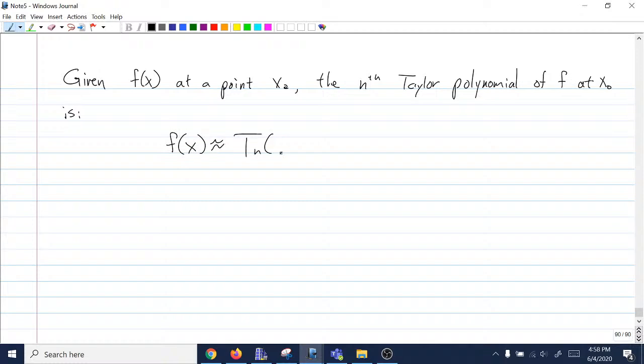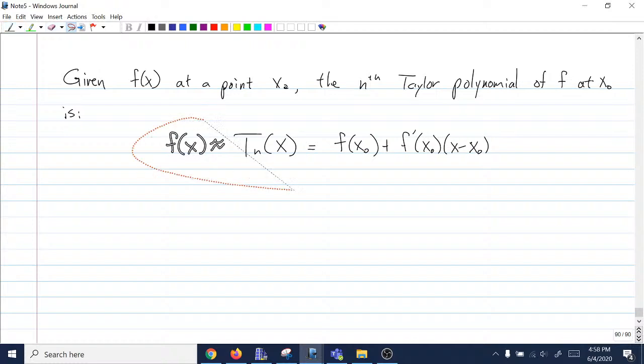The name we give to it is nth Taylor polynomial of x is T sub n, is, you say f of x naught plus f prime of x naught, x minus x naught. These first two terms are just the tangent line.